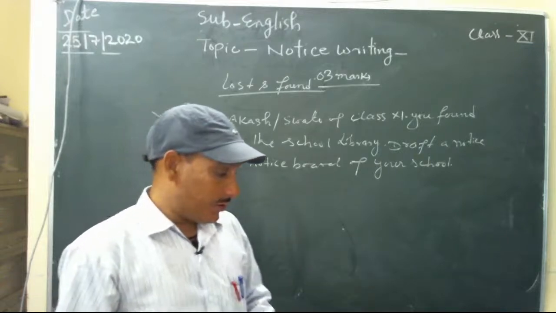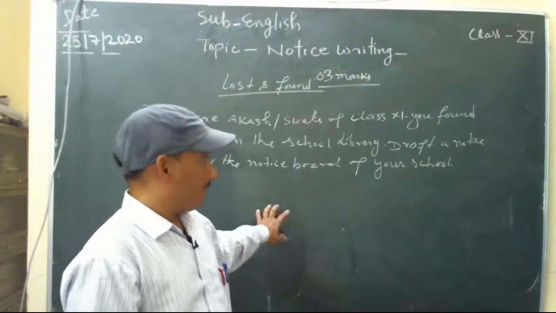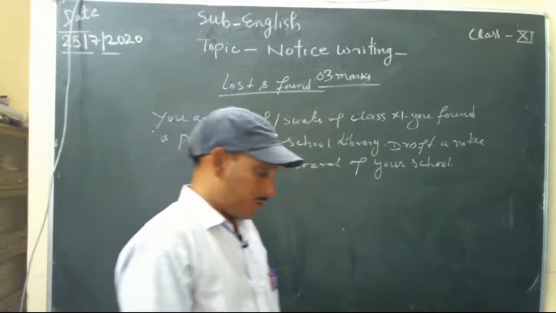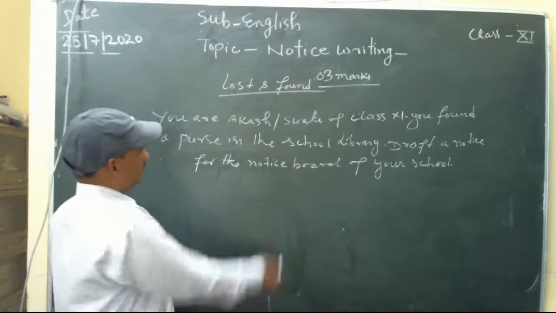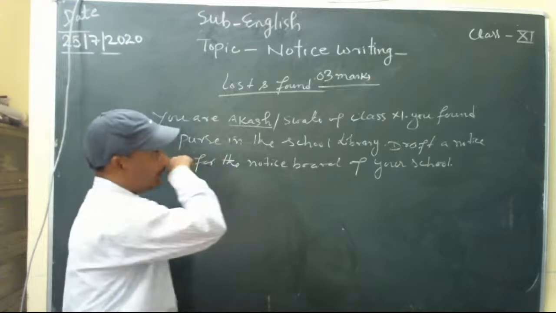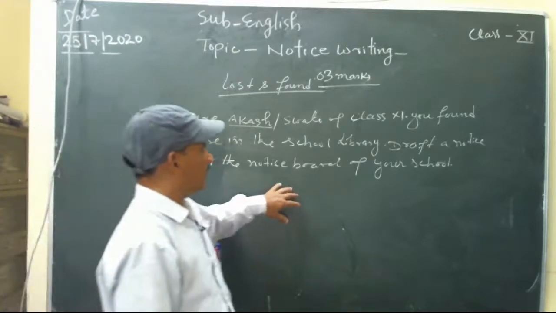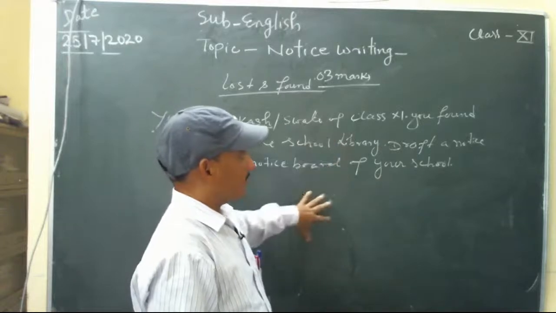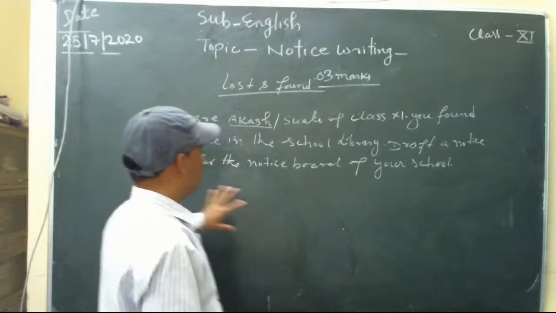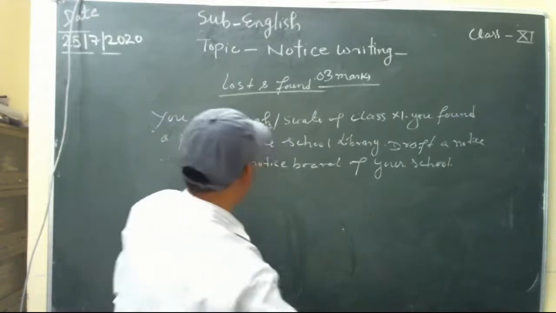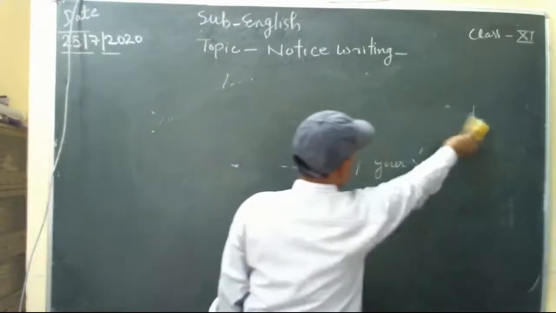He will have to furnish certain details so that he can claim his purse back from you. So now just see how you can write. Your name is Akash and you can be the monitor of your class. Your designation is the class monitor of class 11th. So now you have to draft or design a notice.